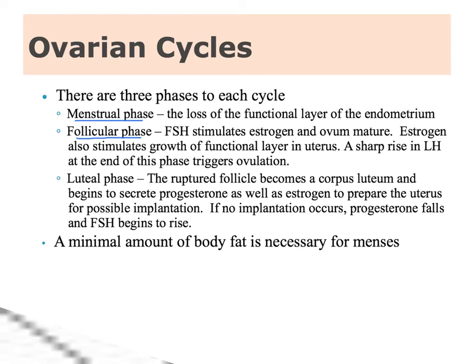Estrogen also stimulates the growth of the functional layer of the endometrium in the uterus. And at the very end of the follicular phase, a sharp rise in luteinizing hormone actually triggers ovulation, and that mature ovum bursts its way out of the follicle and gets ready to be coaxed into the fallopian tubes.